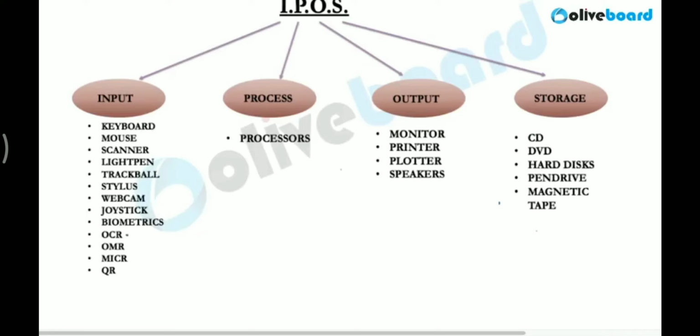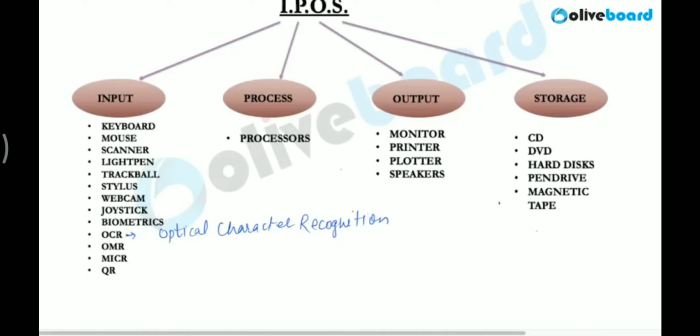There are various questions that get formed from here, and we'll be talking about those questions. The important point from where the question gets asked is, what is the full form of OCR? The full form of OCR is optical character recognition.